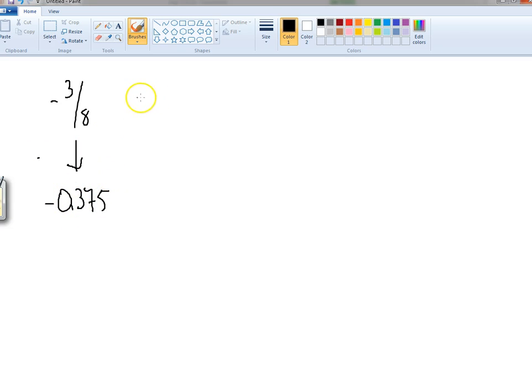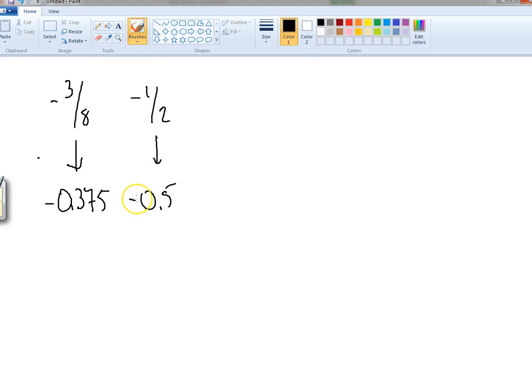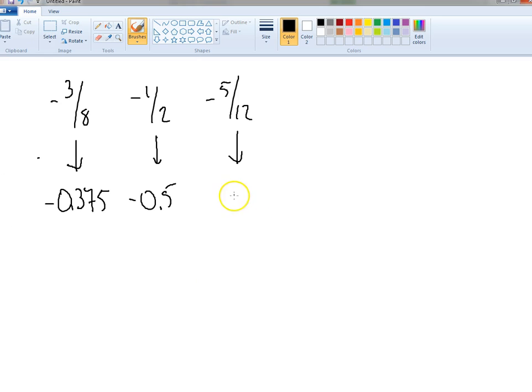Negative 1/2 is going to be negative 0.5, and negative 5/12 is going to be negative 0.416 repeating.